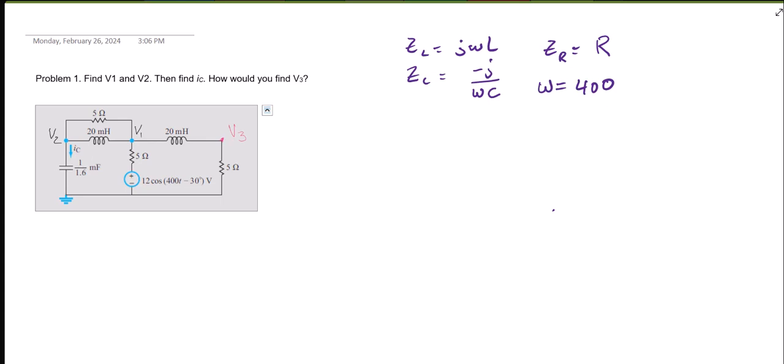And so our two inductors have the same inductance of 20 millihenries.